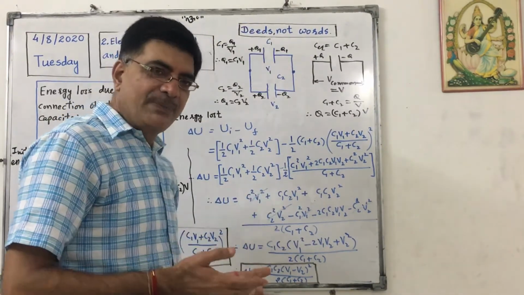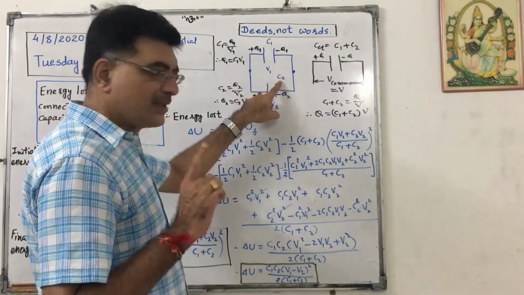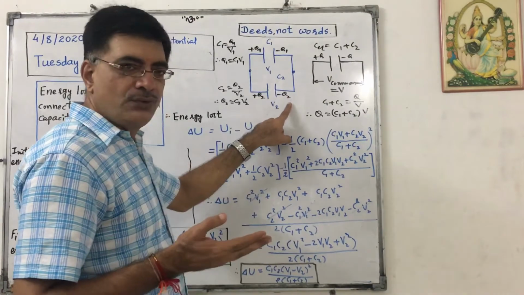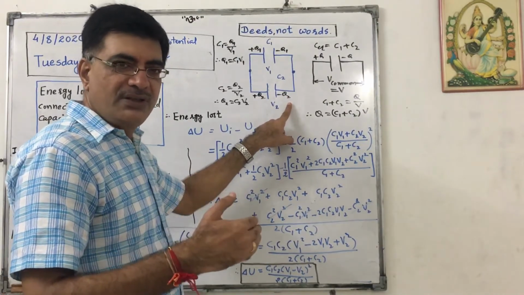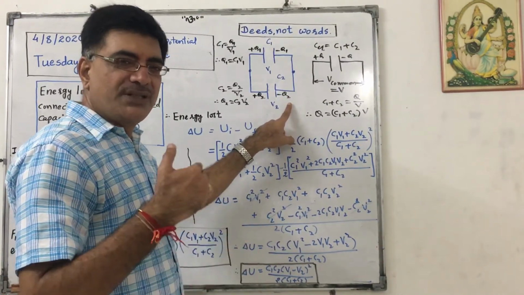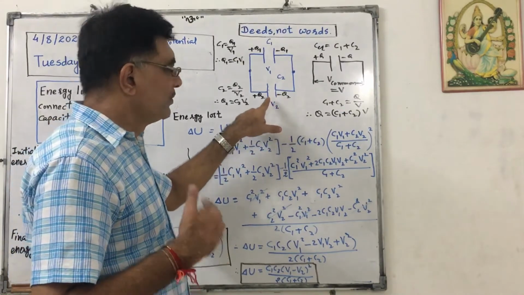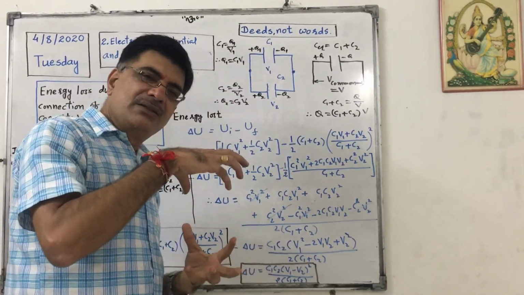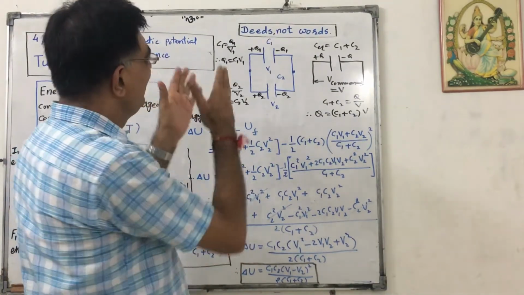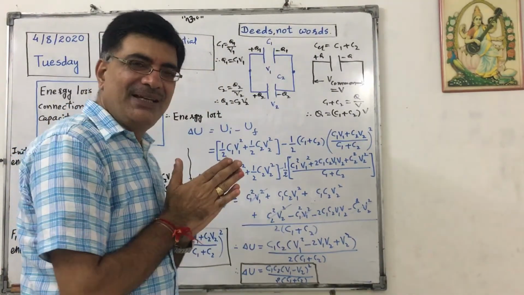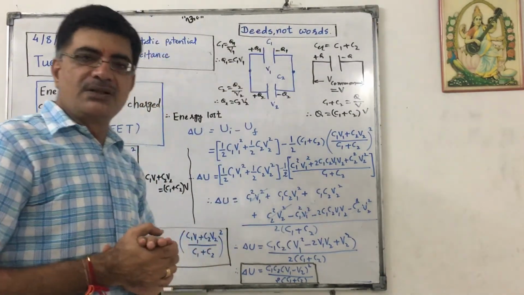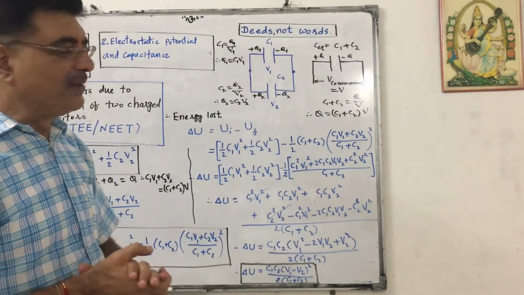We have another capacitor having capacitance C2, charge plus Q2 and minus Q2 on the two plates, and potential difference V2. We are connecting these two capacitors like this. This is a parallel combination, so the equivalent capacitance will be C1 plus C2.